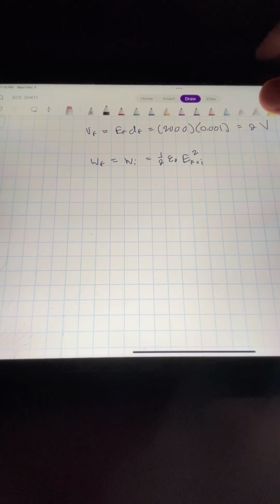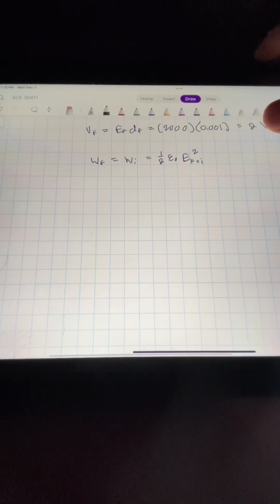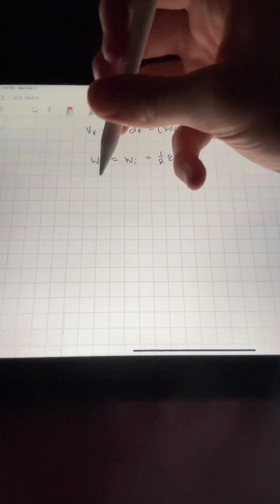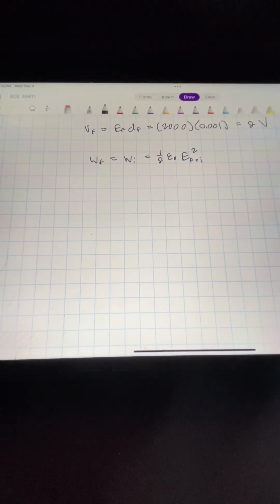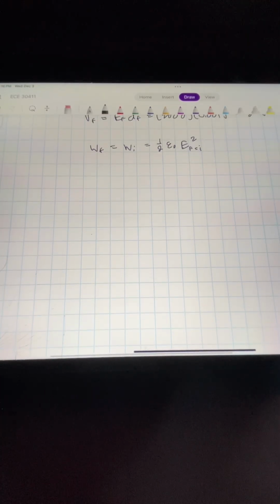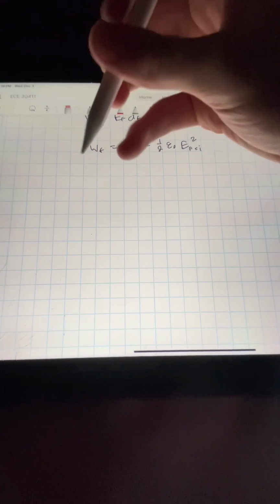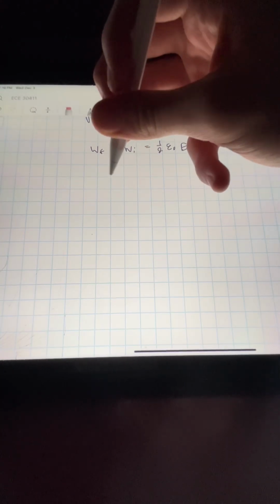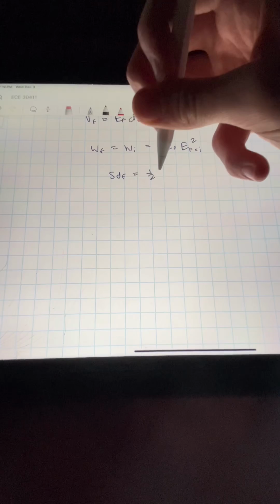But what does change is the volume between the plates. So our initial volume, S times DI, is twice the final volume, S times DF. So since DF is half of DI, the volume is cut in half. So we can write that S DF equals 1/2 S DI.